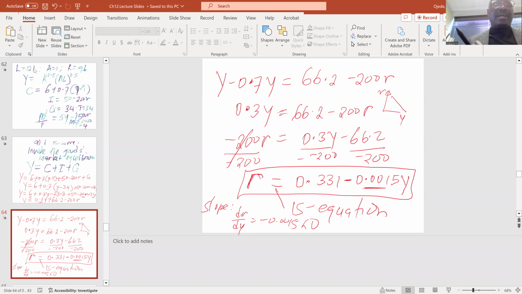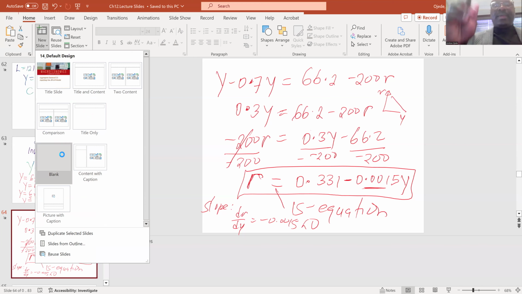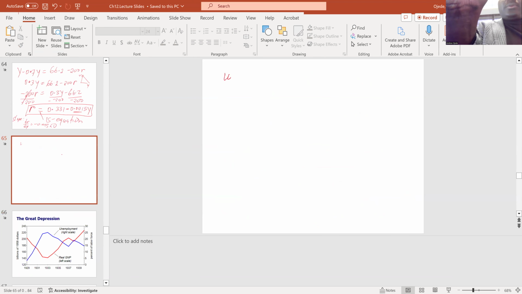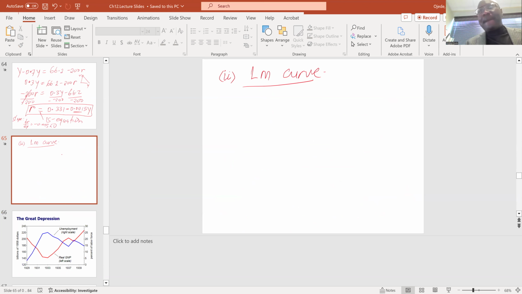Okay, and then part Roman 2 of part A asks you to derive the formula for the LM curve. At this stage, you now know the LM curve comes from the money market equilibrium.